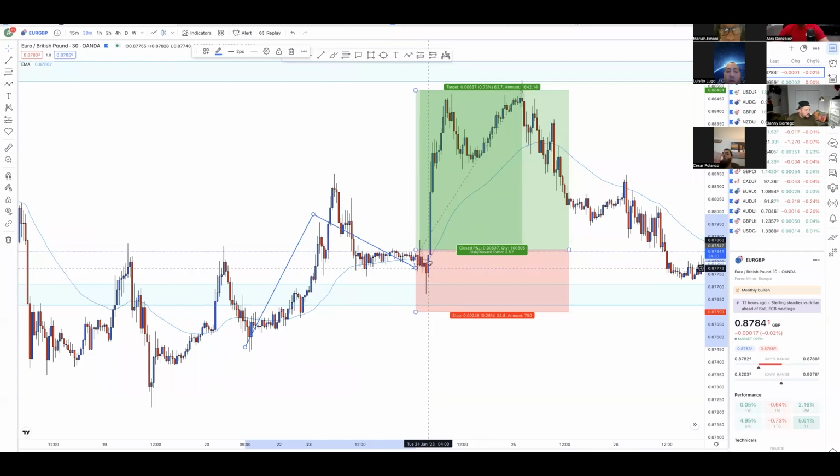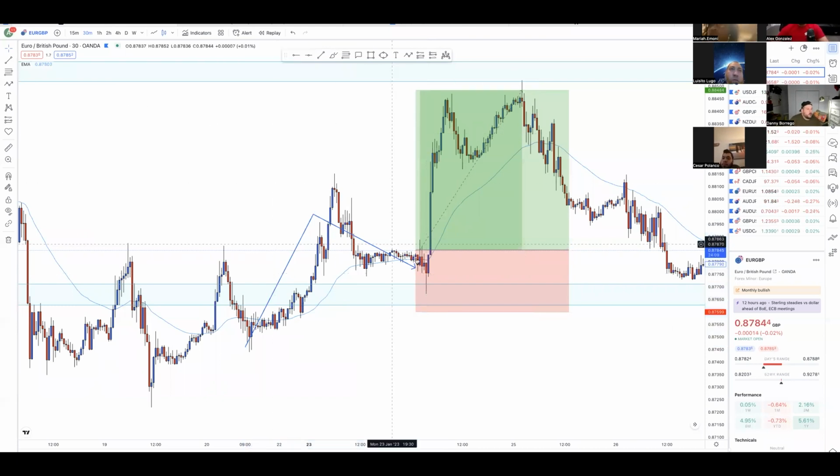This bullish engulfing was pretty much exactly what I needed to happen at this area of interest after having the rejection candle. After we had the 30-minute bullish engulfing, that's pretty much when I took the trade.